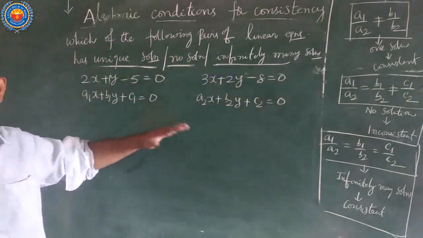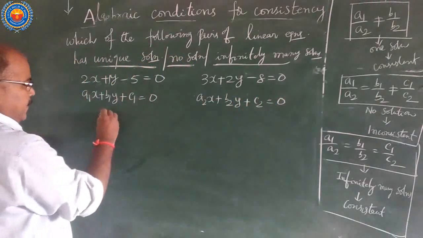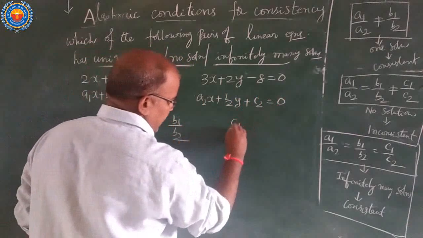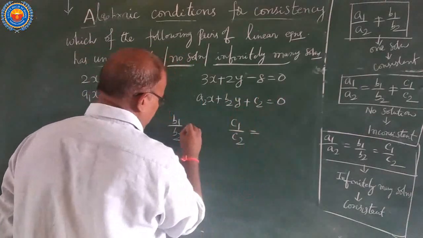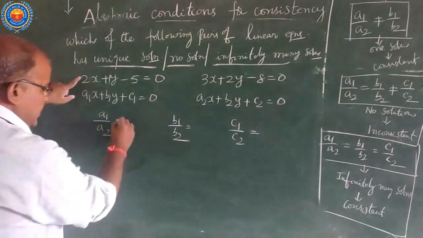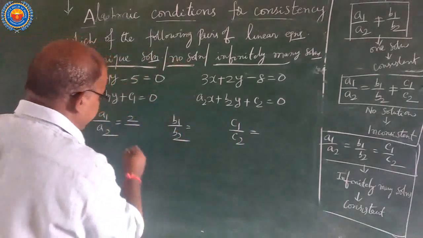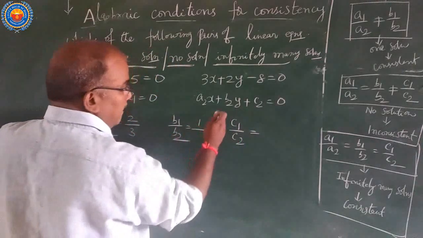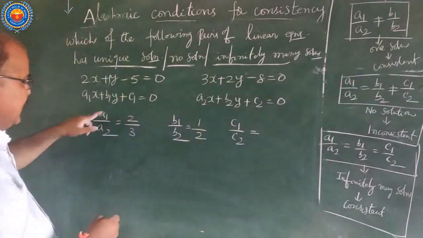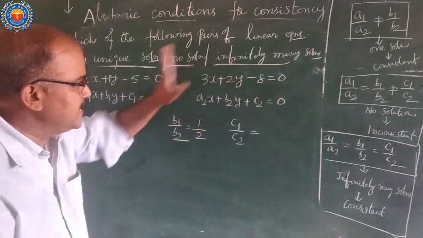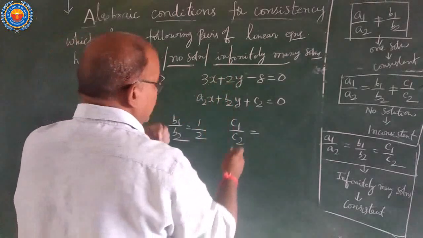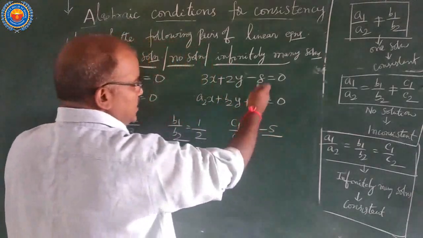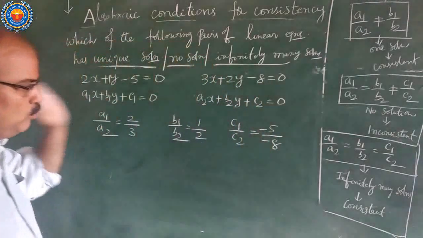Once again a1 by a2, b1 by b2, c1 by c2. a1 by a2 is 2 by 3. b1 by b2 is 1 by 2. c1 is equal to minus 5, c2 is equal to minus 8.